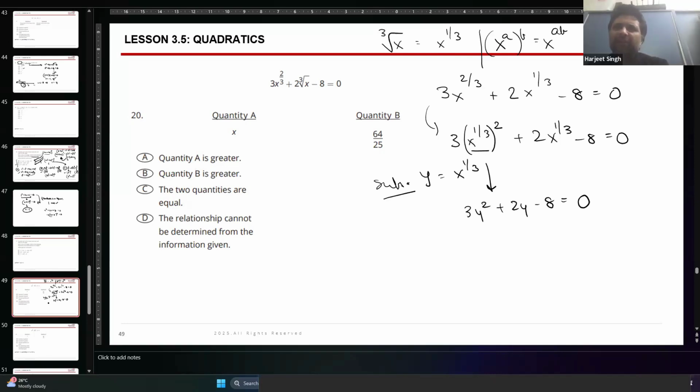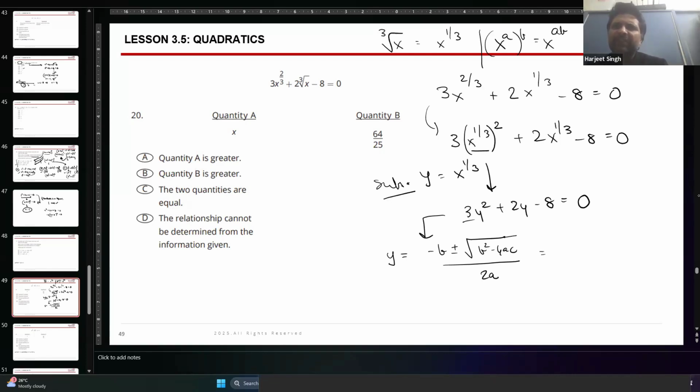So clearly it is difficult to find factors here, first of all because this has a coefficient which is not 1. So if I divide the equation by 3, it becomes complicated: 2 by 3, minus 8 by 3, difficult to find factors. So the best way to solve this is using the formula: y equal to minus b plus minus root of b square minus 4ac divided by 2a.